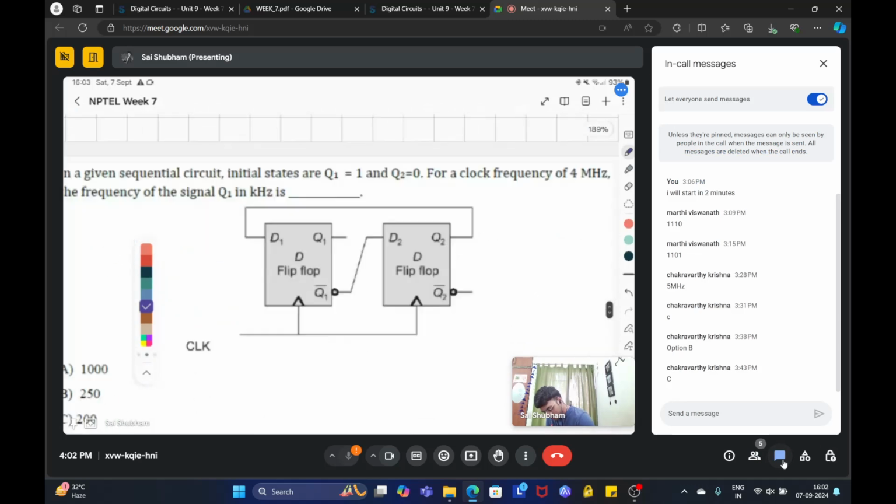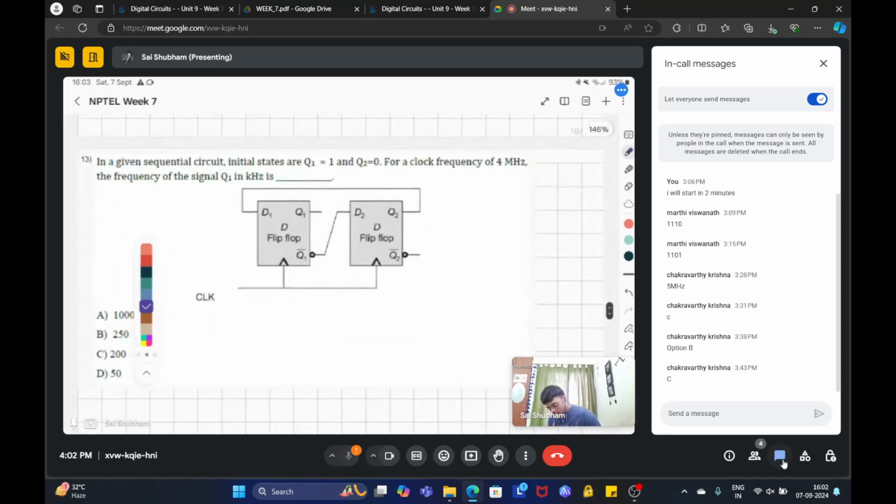So the next question. In the given sequential circuit, initial states are Q1 equal to 1, Q2 equal to 0 for a clock frequency of 4 MHz. The frequency of the signal Q1 in kilohertz is. So this is a simple question.